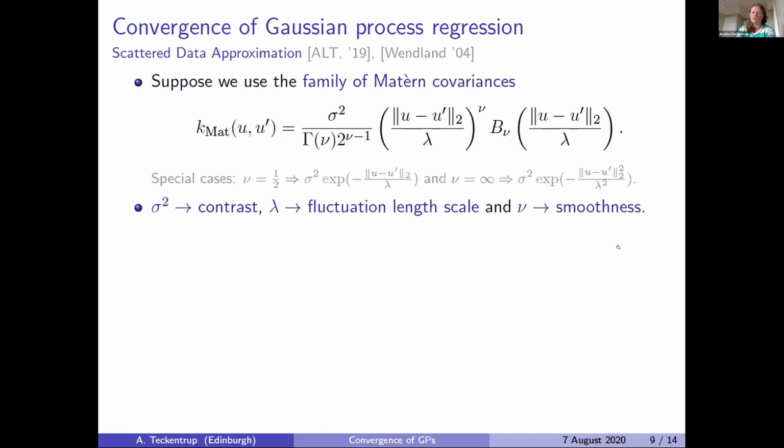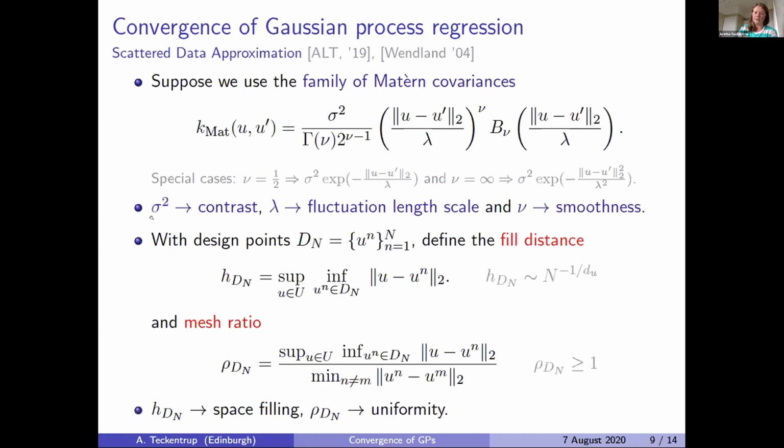Okay, but in general, it's a very flexible family, which can give you many different ranges of behaviors, and the hyperparameters theta that I was talking about earlier would now be the smoothness nu, the correlation length lambda, and the variance sigma squared.